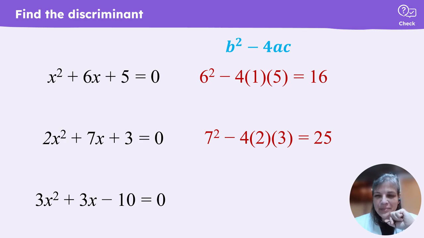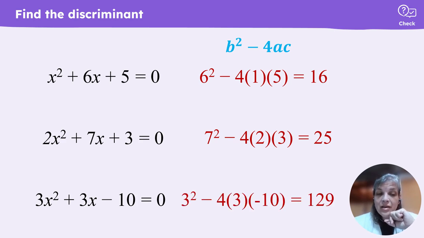Pause the video again. Okay, hopefully you got 129. We have both a and b are 3 here. And don't forget that you take the negative from that c. So that makes it negative 10 multiplied by 3 multiplied by 4. And you end up getting 129 as your answer.